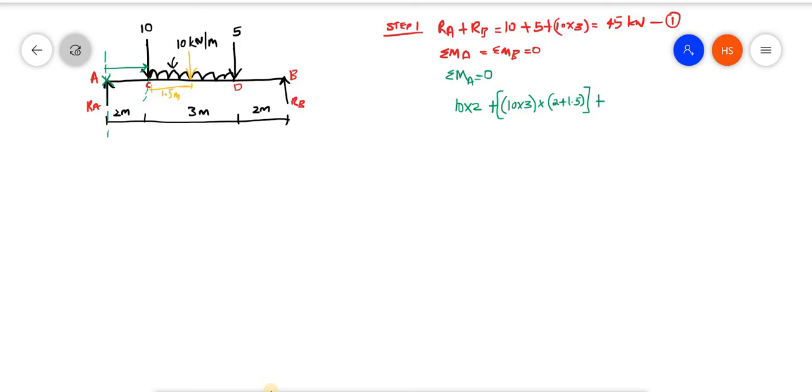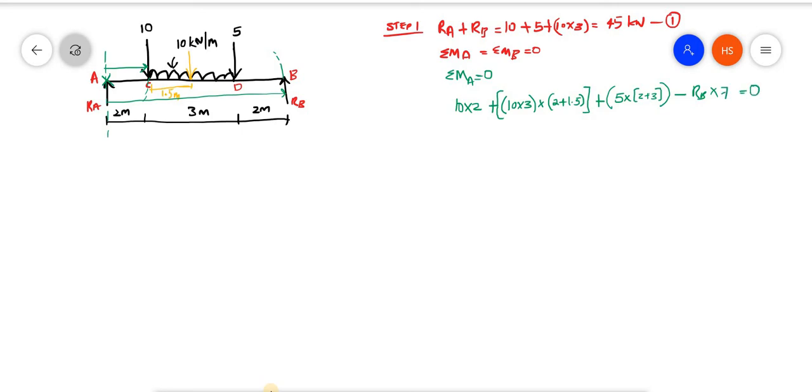Then, plus the next one, 5 into the perpendicular distance, 2 plus 3. I am writing 2 plus 3 just to make it understood. Minus RA, which acts to the upward side, will move the pointer to this side. That is RB into the total distance 2 plus 3 plus 2, that is 7. This is equal to 0.